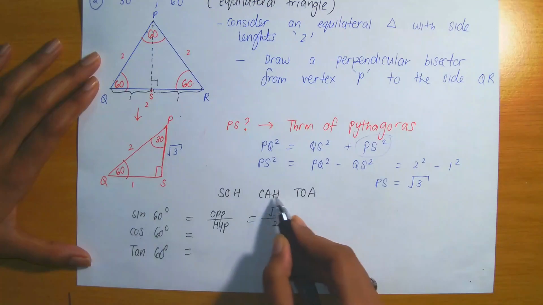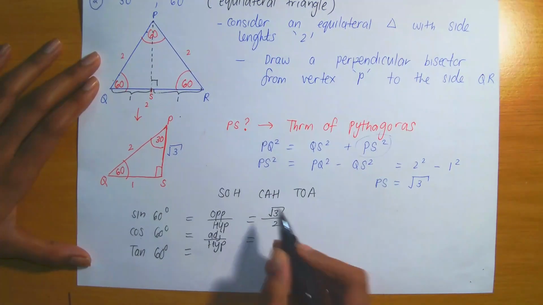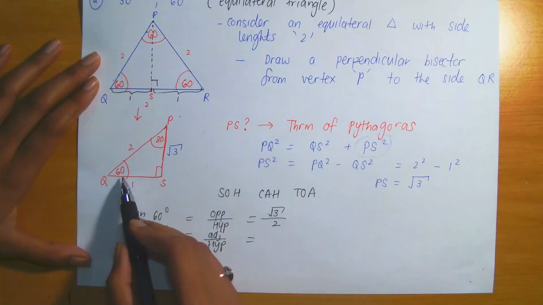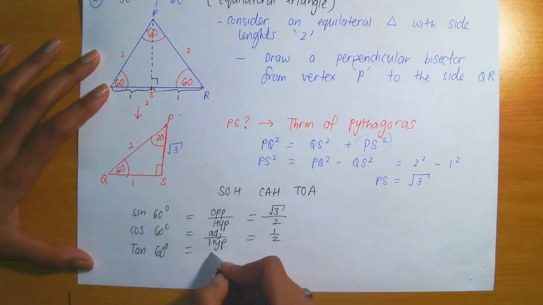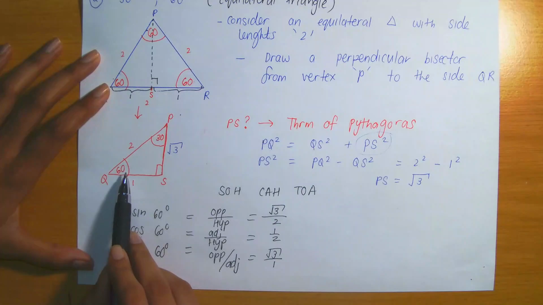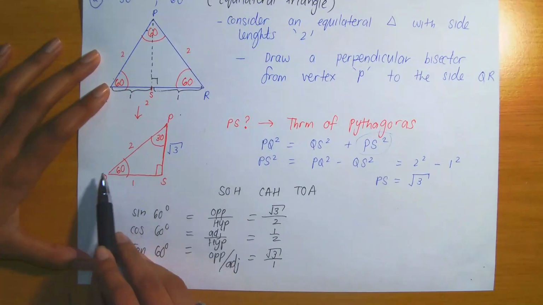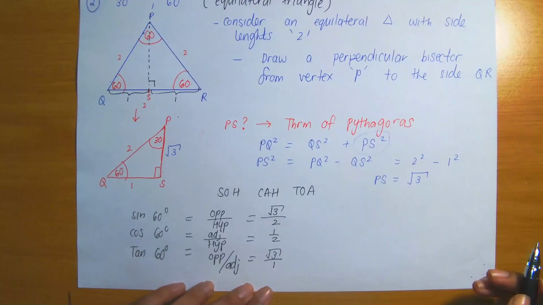Cos is adjacent over hypotenuse, and adjacent over hypotenuse for 60 degrees is 1 over 2, and tan, TOA, is opposite over adjacent. Interpreting that, opposite over adjacent is square root 3 divided by, let's just double check that, we're looking at 60 degrees, tan of 60, opposite is square root 3 over 1.